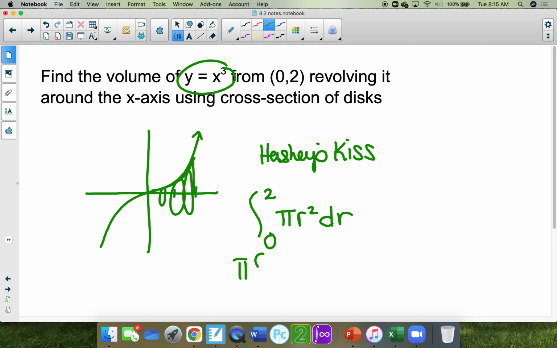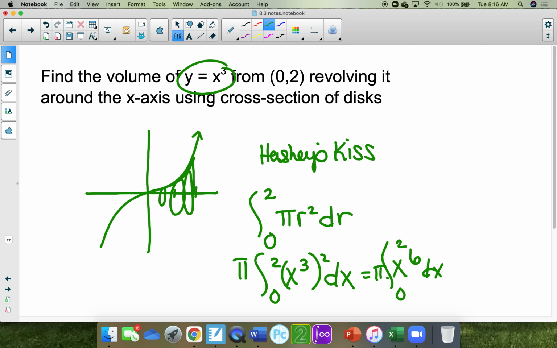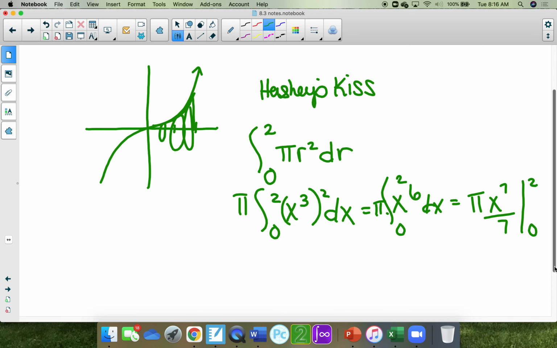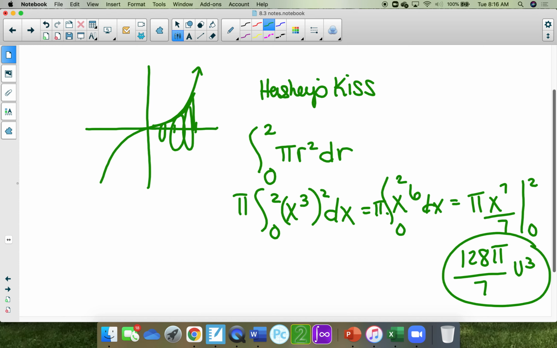The pi comes out, from 0 to 2, and the r squared is going to be x to the third squared dx, which is going to be x to the sixth, from 0 to 2, pi dx, which ends up equaling pi x to the seventh divided by 7 from 0 to 2, if you're doing it your own way, which makes 128 pi over 7 units cubed without a calculator.